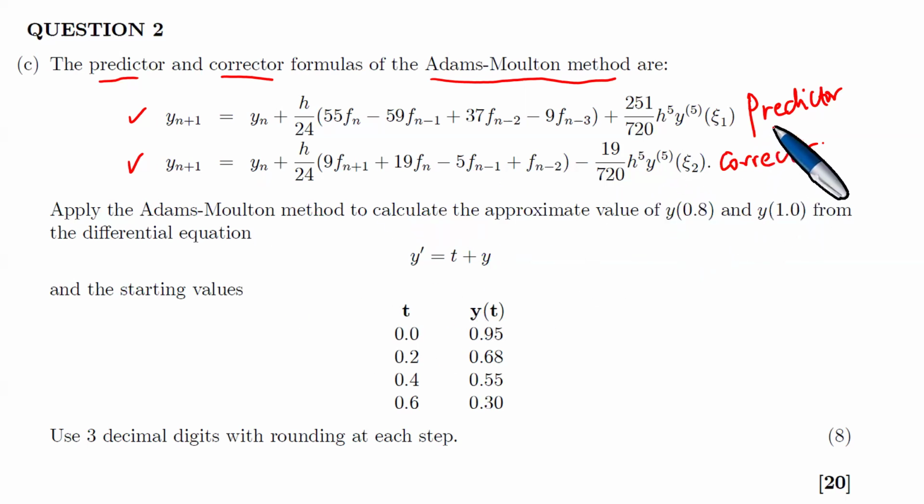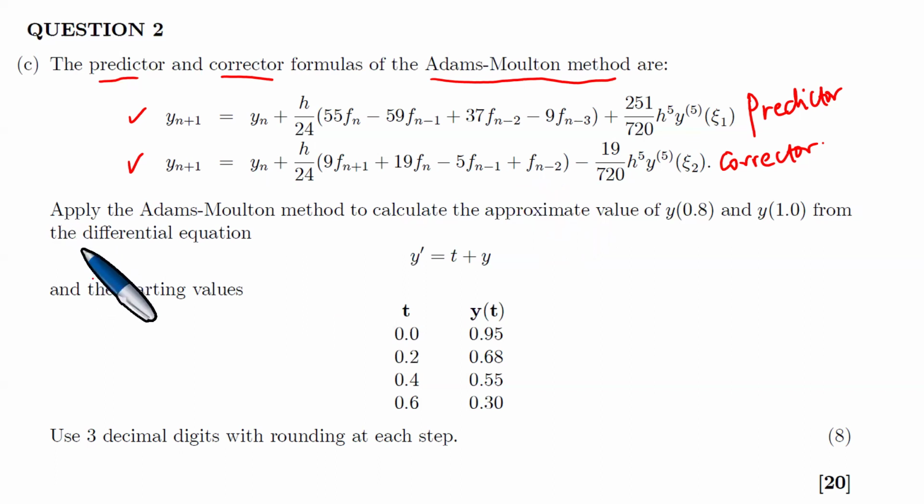So these are the predictor and corrector. Both of them have y_{n+1}, both have y_n, both have h over 24, but the difference is in the subsequent terms.